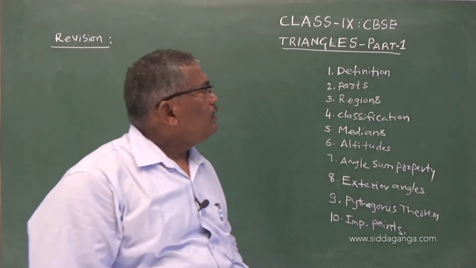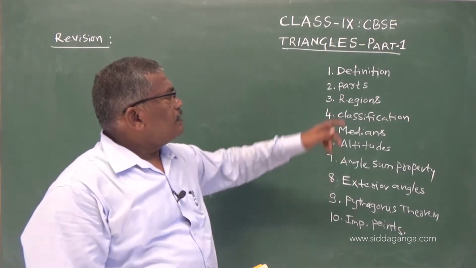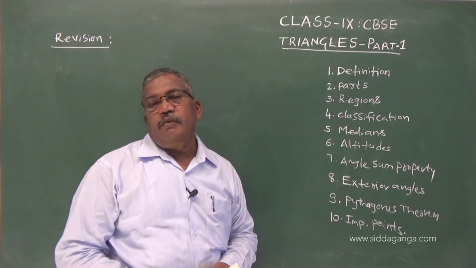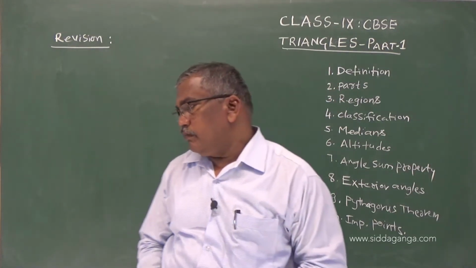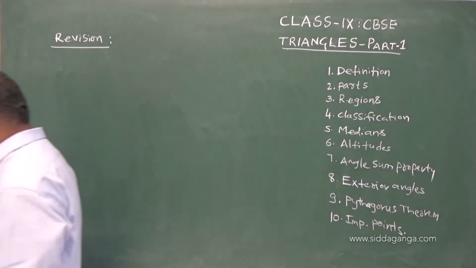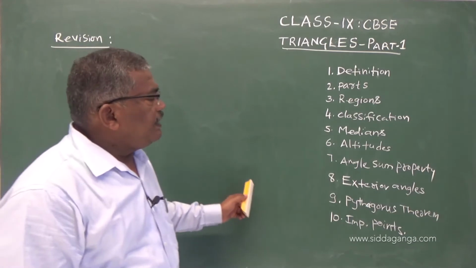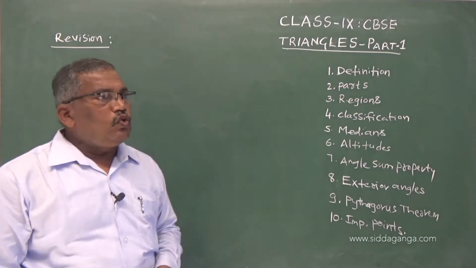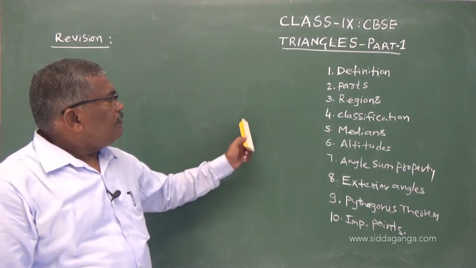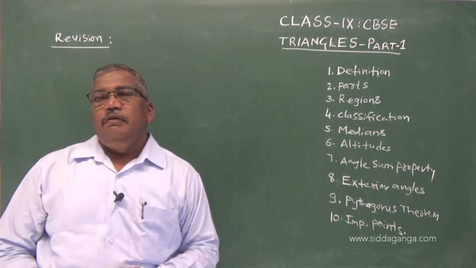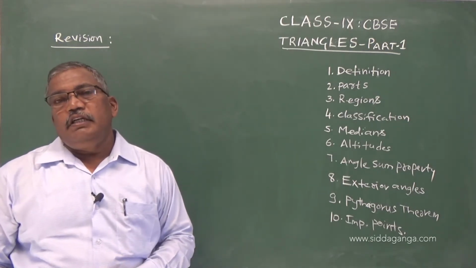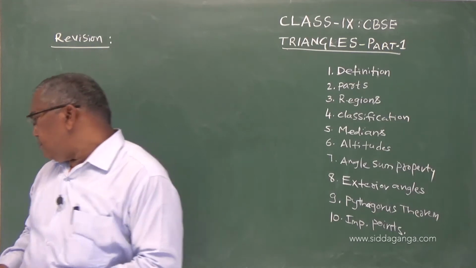So first let us understand what is a triangle. How to define a triangle? We define it as a closed figure formed by intersection of 3 lines.